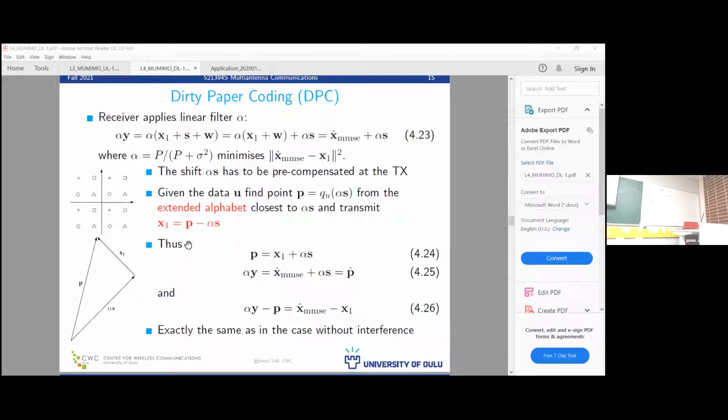If we now choose to send x1 to be the difference between these two vectors, what the receiver actually receives is this p vector, right? Because alpha S is already there.